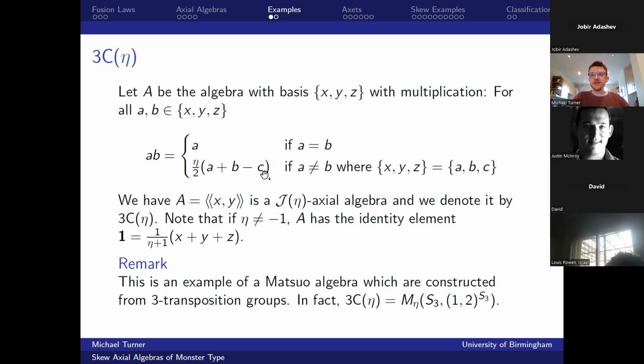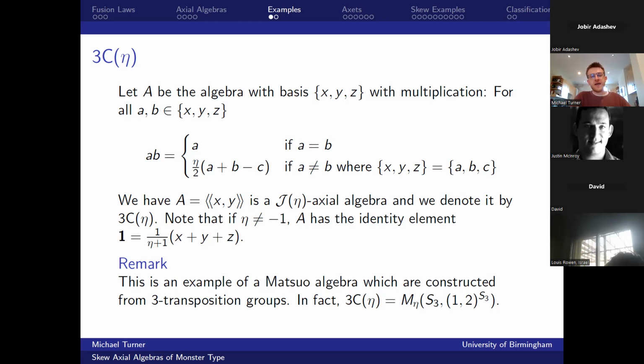This is a two-generated axial algebra of Jordan eta type. And it can be generated by x, y or x, z or y, z. Any two will do. And we denote this by 3C(eta). Something that will pop up later on in the talk is that we're heavily relying on something having an identity.